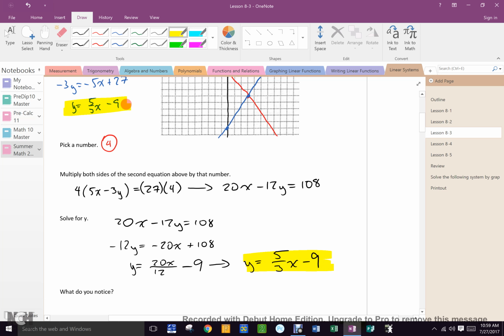Now, what did every single one of you notice, if you did your algebra correctly, that it doesn't matter what number you picked. When you multiplied it out and solved again, you got the exact same equation, didn't you?